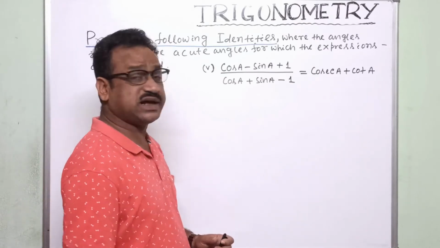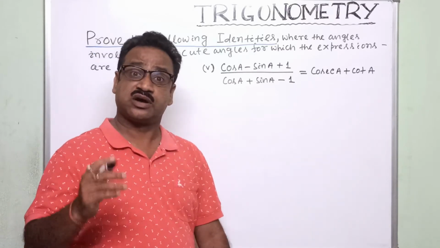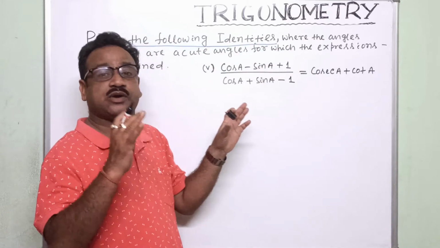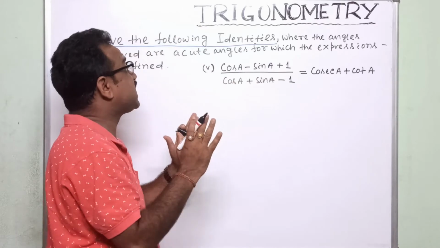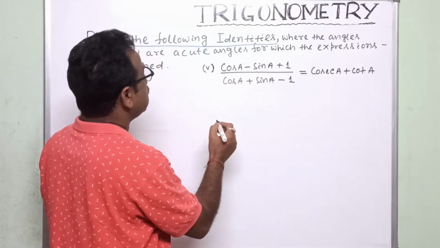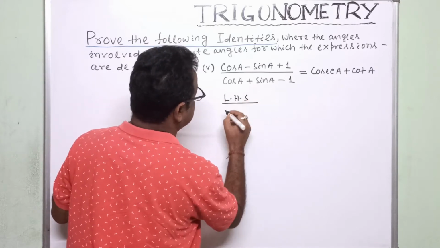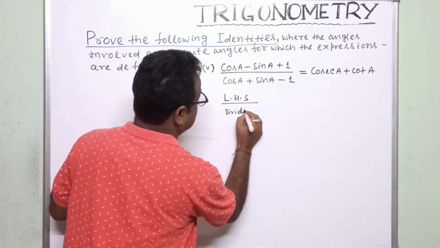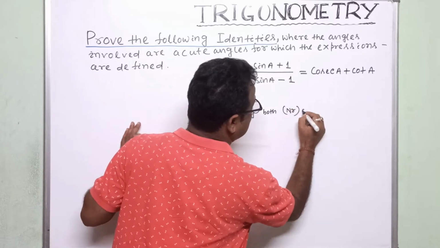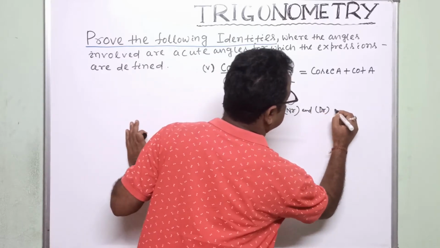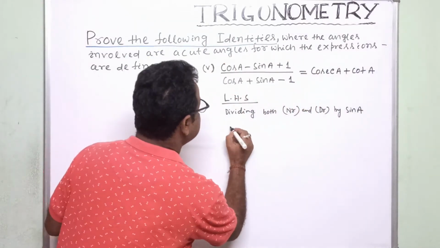(Cos A minus sin A plus 1) by (cos A plus sin A minus 1) is equal to cosec A plus cot A. So in these types of questions, we have to convert this into an identity of cosec and cot. So we'll divide, taking LHS and dividing both numerator and denominator by sin A. What will we get?